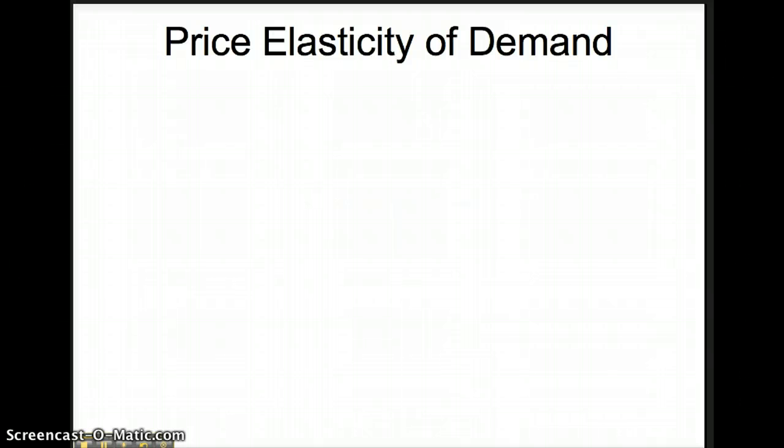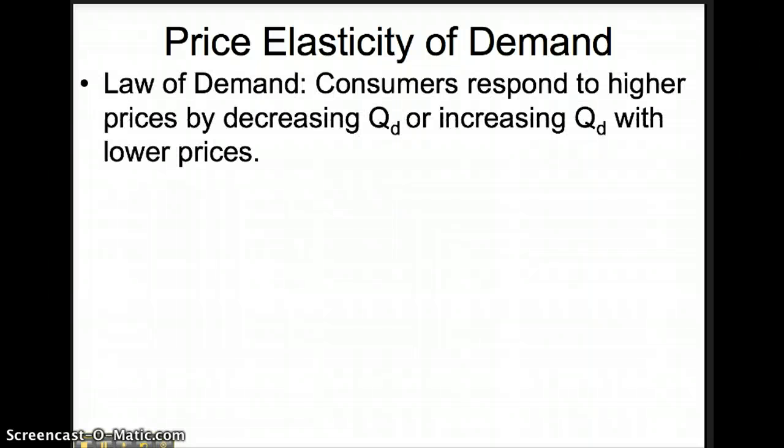You should remember the law of demand from Chapter 4. The law of demand expresses the inverse relationship between price and quantity demanded. Consumers respond to higher prices by decreasing quantity demanded or increasing quantity demanded with lower prices.